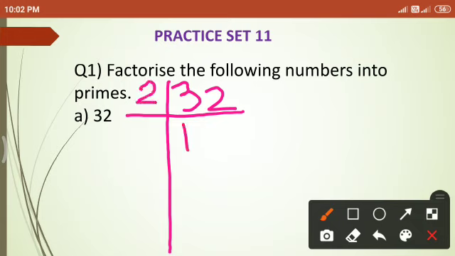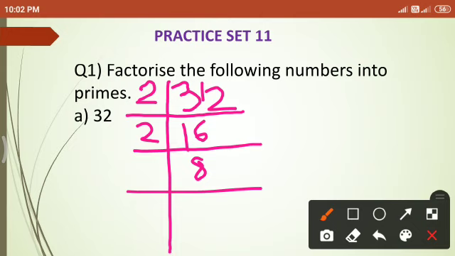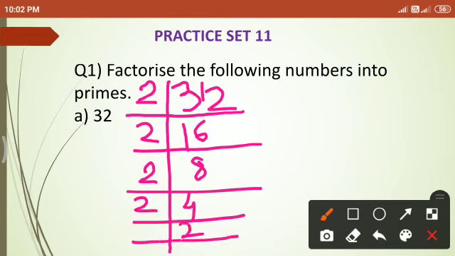2 1s is 2. 1 you have to carry with 2, it will become 12. So 2 6s is 12. Now 16 is our quotient. Now 16 is divisible by 2, that is 2 8s is 16. Now 8 is divisible by 2, 2 4s is 8, and 4 is divisible by 2, that is 2 2s is 4. Now 2 is divisible by itself, 2 1s are 2.